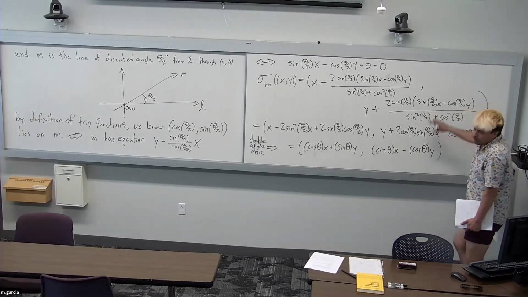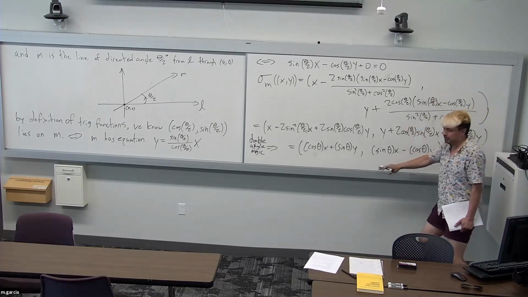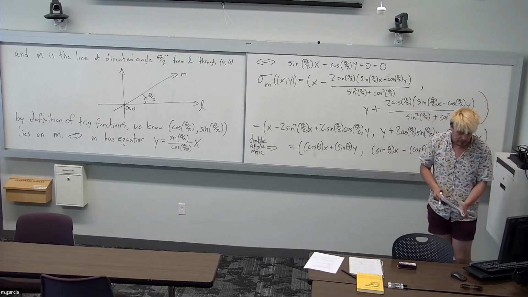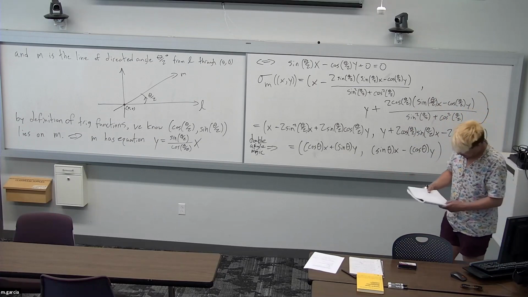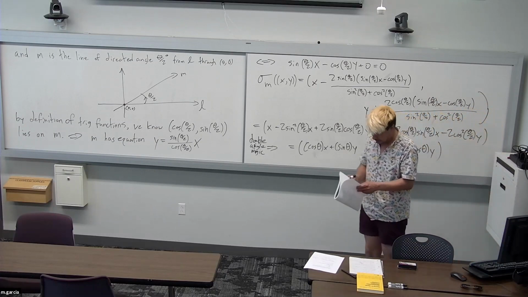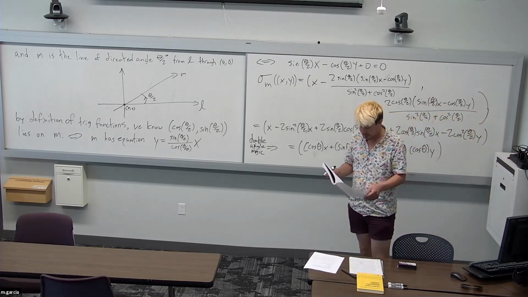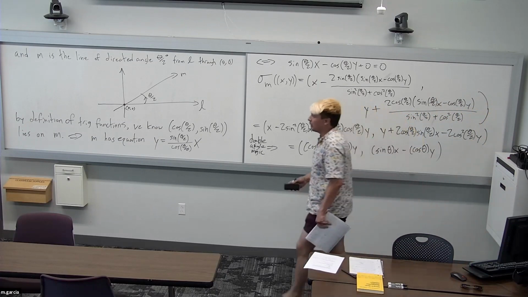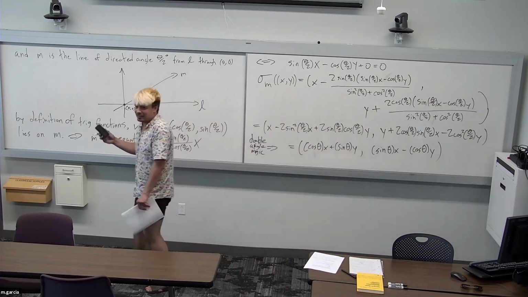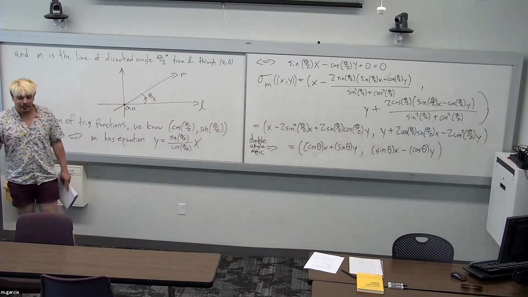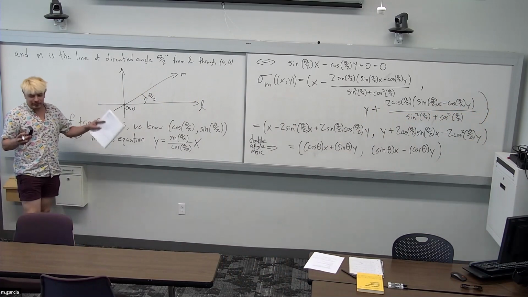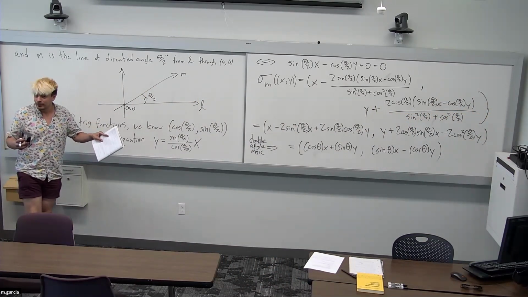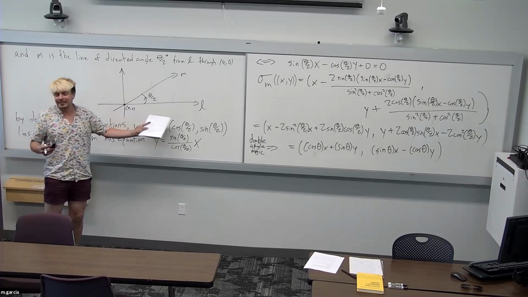Okay, so quite the mess, but it turns out not so bad, right? Well, great. So now all we have to do to write our original rotation centered at the origin in an explicit formula is write the formula for sigma sub L. What was L? It's the x-axis.